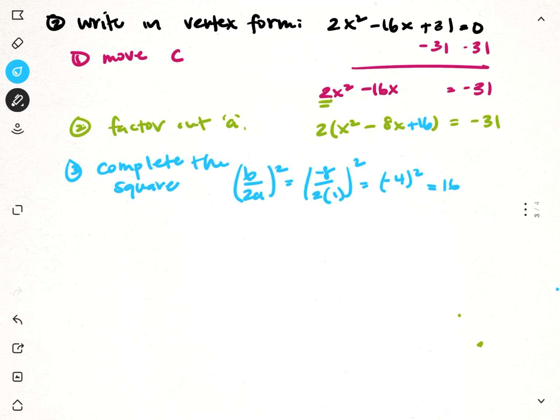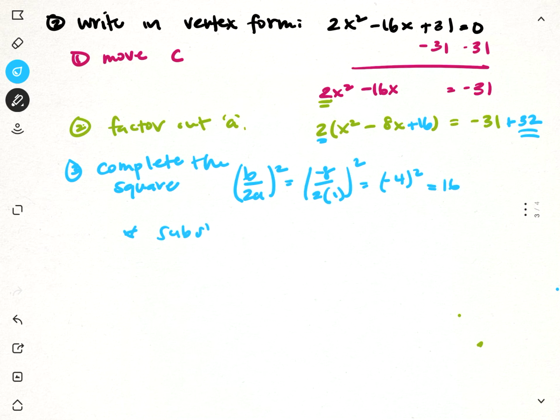Now be very careful here because this is an easy mistake to make and it's kind of confusing maybe. When we add 16, this is actually representing 16 times 2 because 2 is multiplying into the parentheses on the whole left side. So when we add it to the right side, we also have to do 16 times 2. So it's going to be 16 times 2 is 32 on the right hand side. So be very careful here with the 16. Maybe let's make a note here.